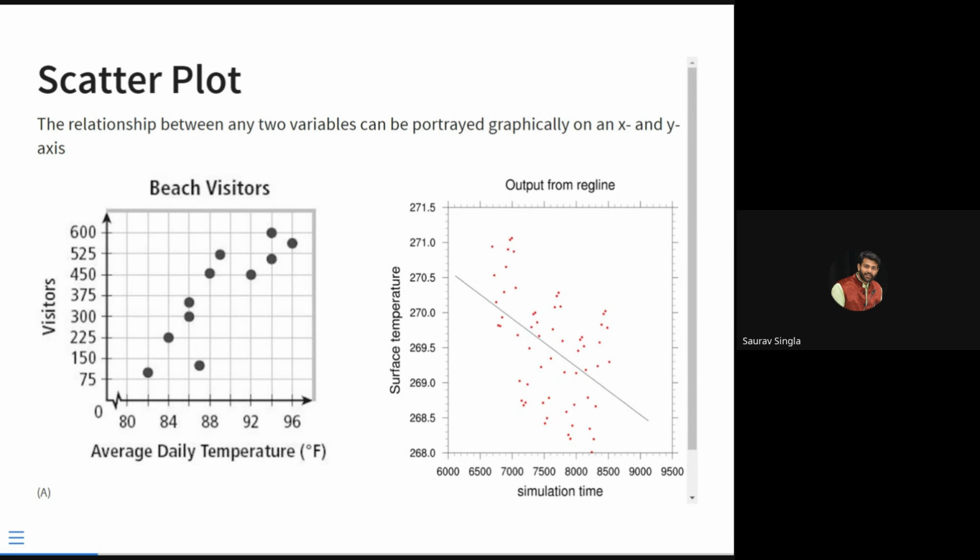One more thing I want to make clear, that correlation and regression are usually utilized when the variables are of continuous nature. They are not of discrete nature. So, can you tell me the difference between continuous and discrete?